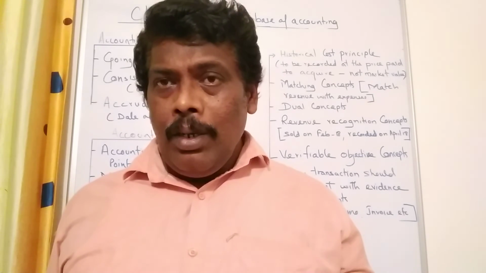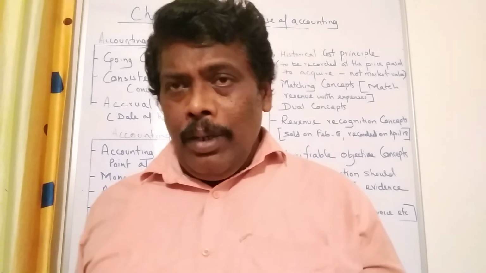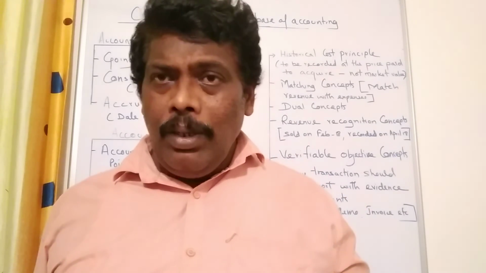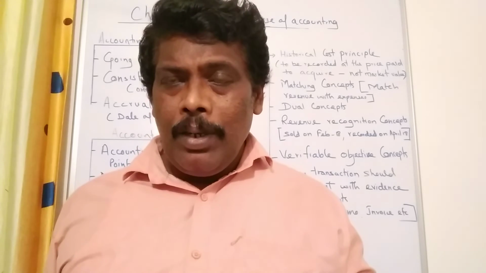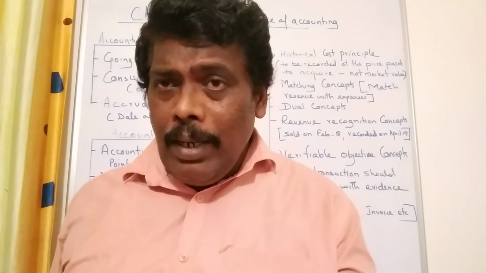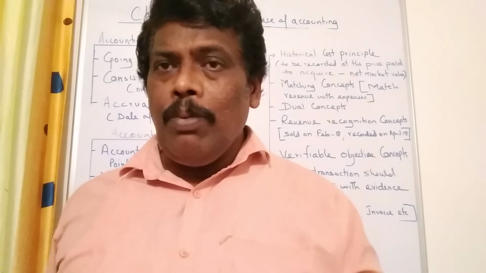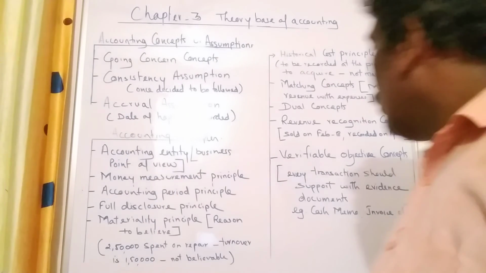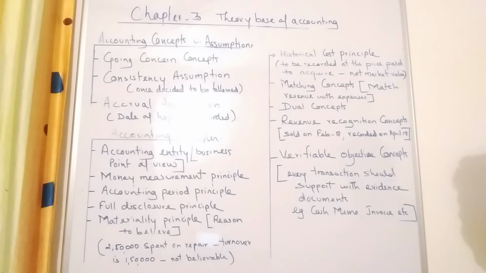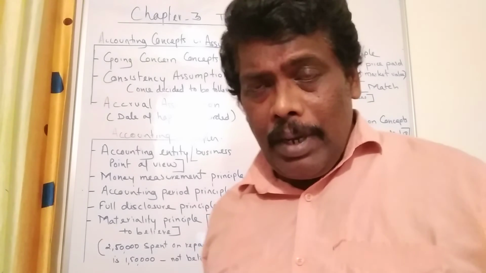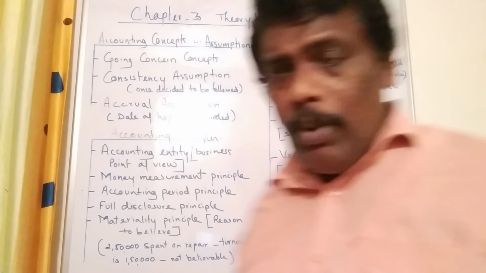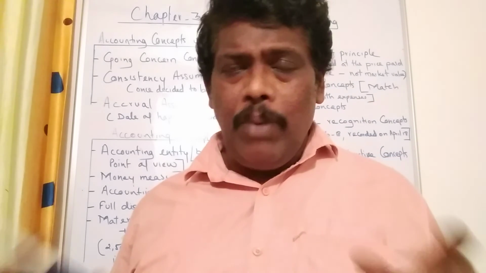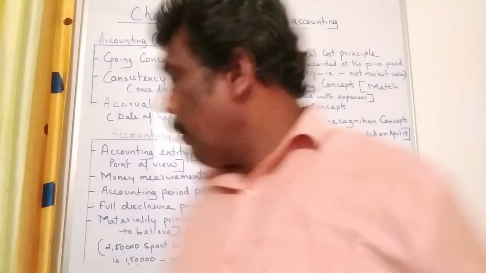So here the sale is going to take place on 5th April, but we received the advance on which date? 10th March. So we have to consider 10th March, right? So that is all about the revenue recognition concept. We have to consider the happening date. When the dealing happened, we have to consider that date.